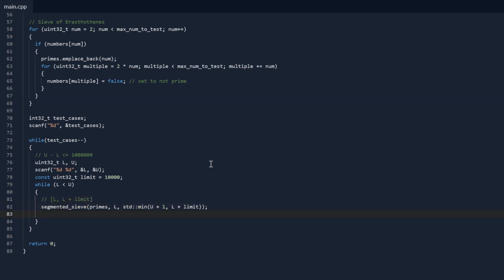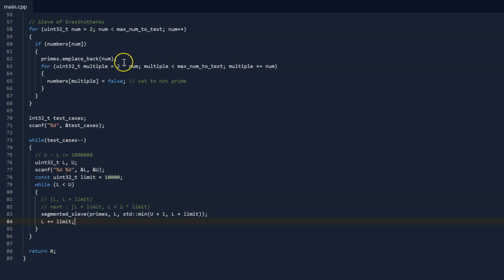And then what we need to do is we increment L in this while loop. So the next time it will be called on L plus limit, which is of course open, and L plus twice limit. And so on, it'll keep going until U plus 1. Yeah, this is it actually.